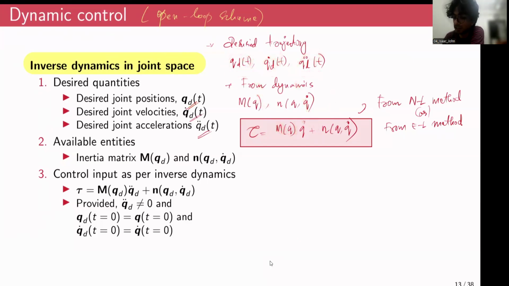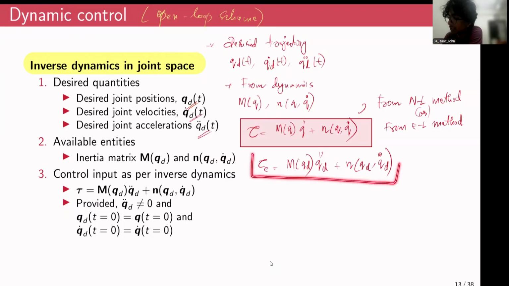Into the governing equation. So the control input tau C would look something like M of Q desired multiplied by Q desired double dot plus N of Q desired, Q desired dot. We are simply plugging the desired trajectory into the dynamic equations of motion. So again, this is also an open loop scheme.